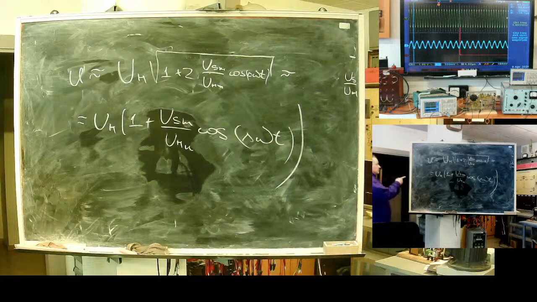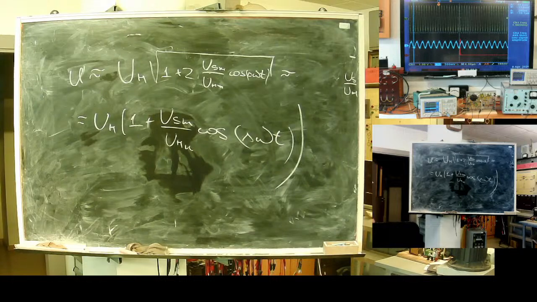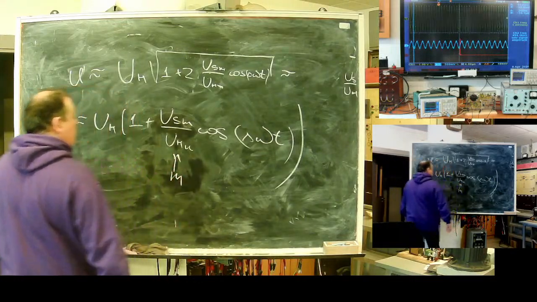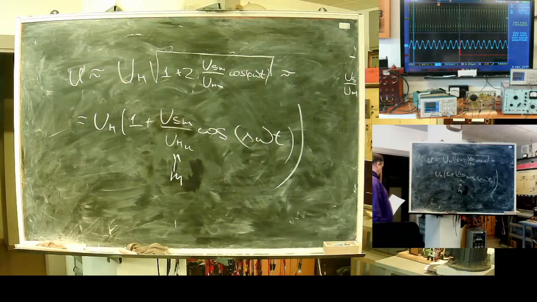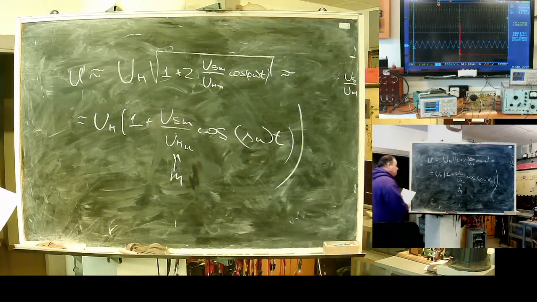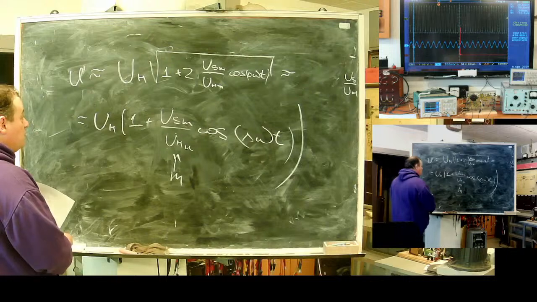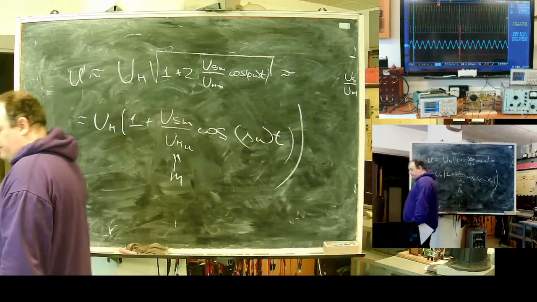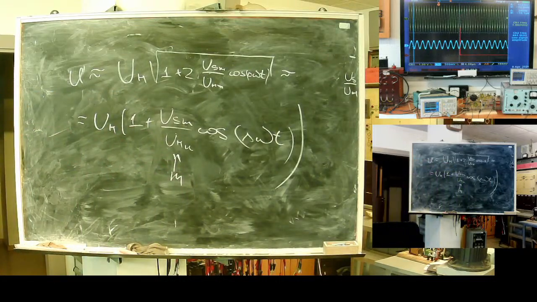Did we see something like this an hour before? It's an amplitude modulated signal. Mark this as a modulation index. And you will see an amplitude modulated signal with the delta omega. What do we know about amplitude modulated signals?